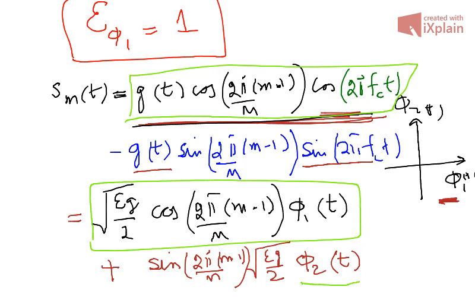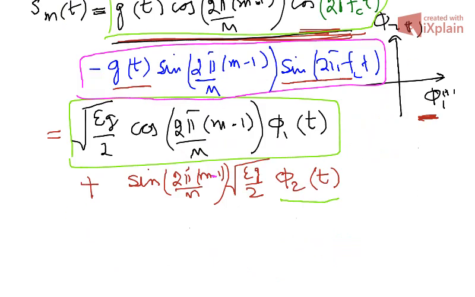As we saw, you can write this whole expression, the second term, as under root Eg over 2 sine of 2 pi (m minus 1) over capital M phi 2 of t. So this is how you write your signal. You write your signal as a sum of phi 1 and phi 2.